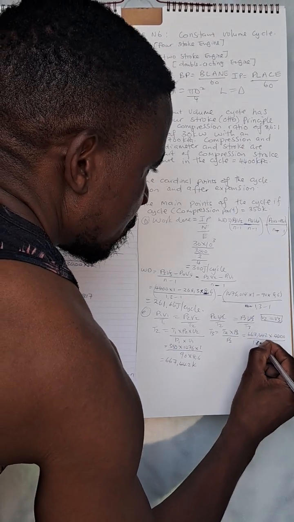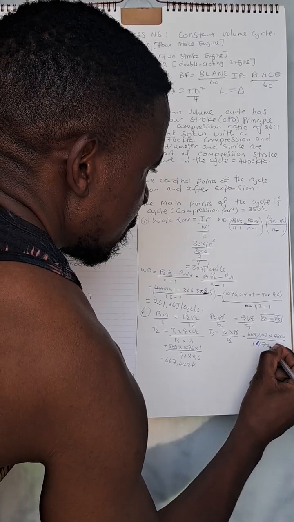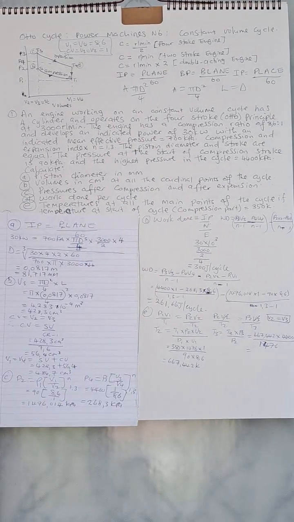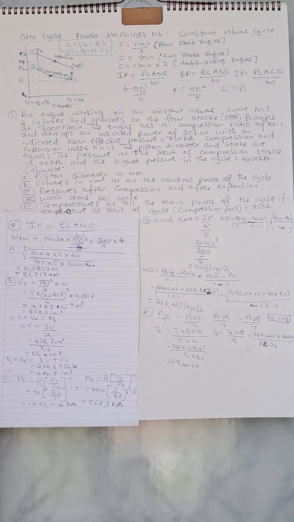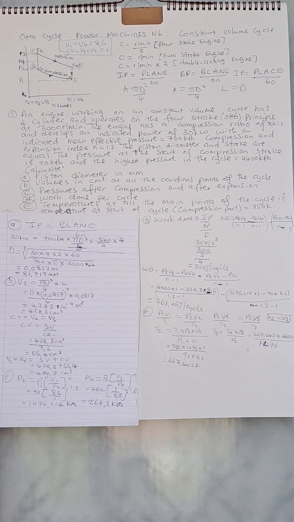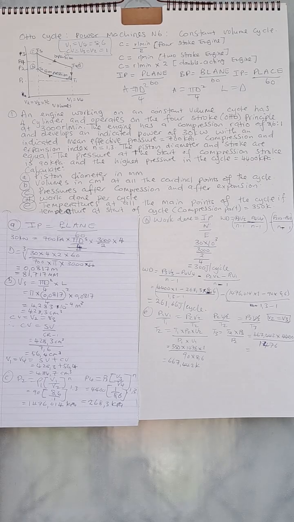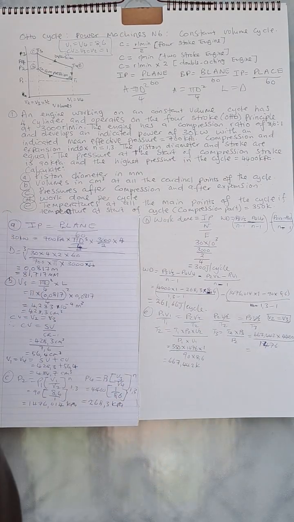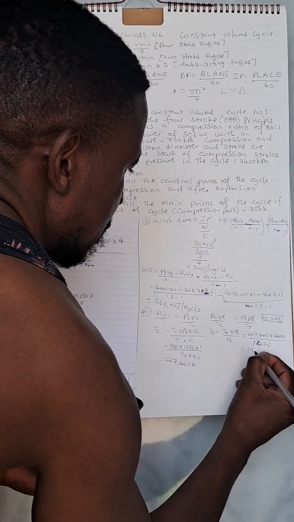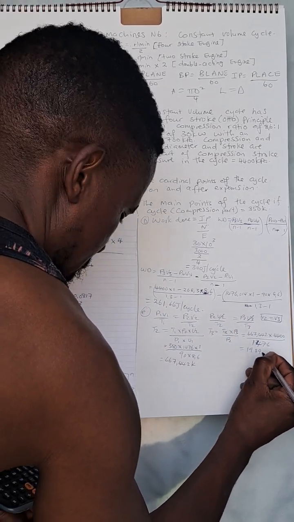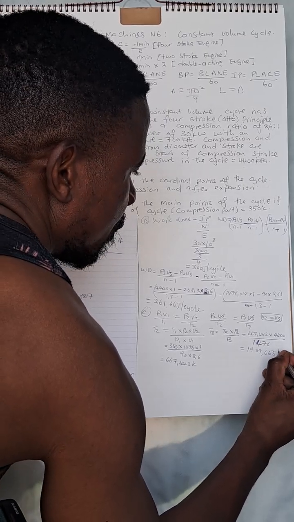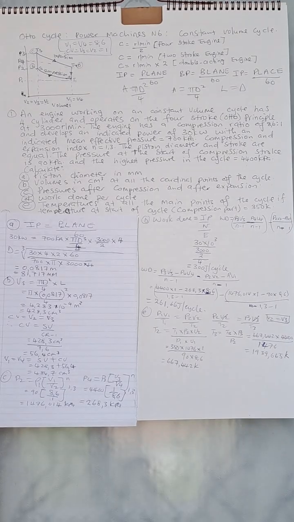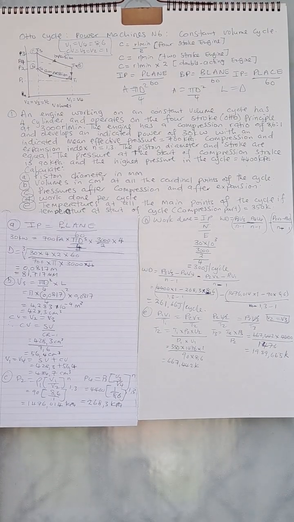So 667.442 times 4,400 divided by 1476. I'm getting 1989.665 Kelvin.